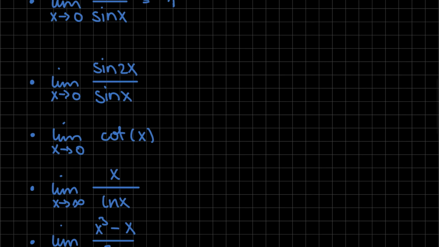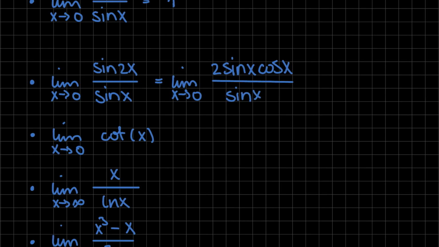And in this case, it helps to rewrite this as the limit as x tends to 0 of 2 sine of x cosine of x all over the sine of x. And this comes from the fact that the sine of 2x is the same as 2 times the sine of x times the cosine of x. This is just a trigonometric identity that you should know by heart.